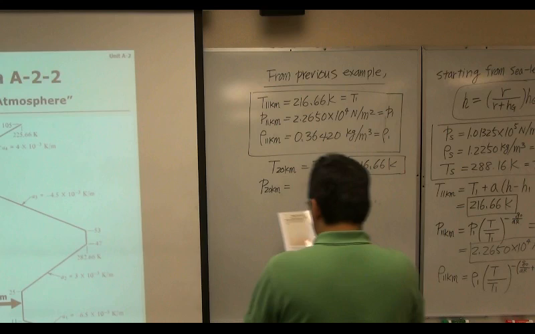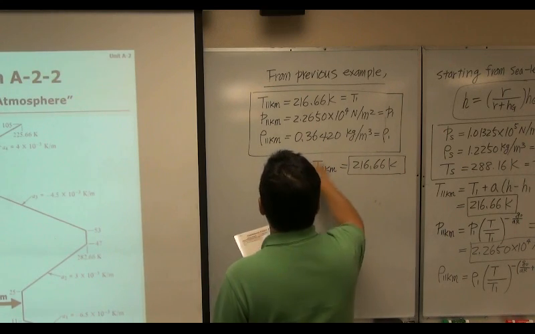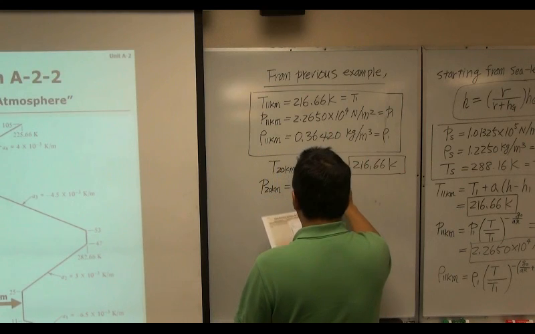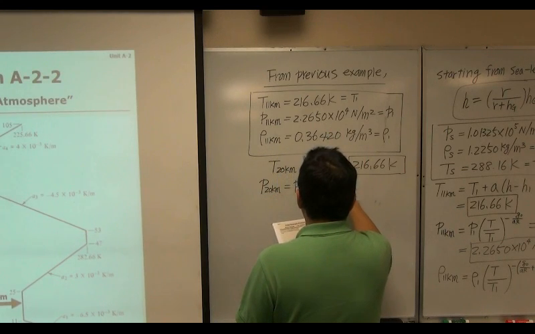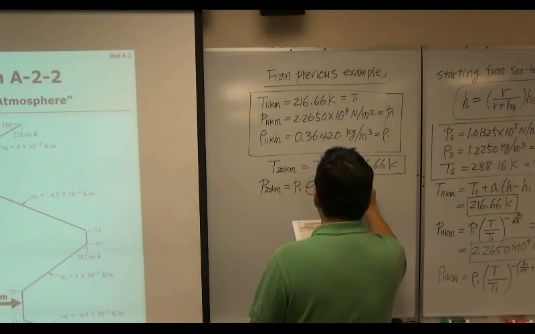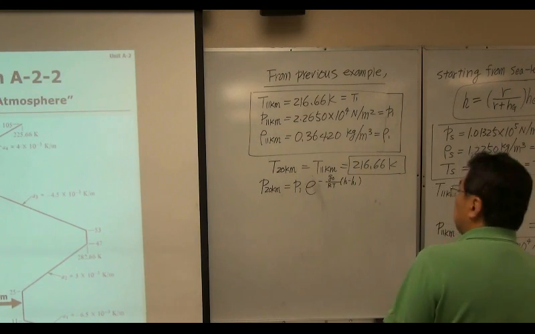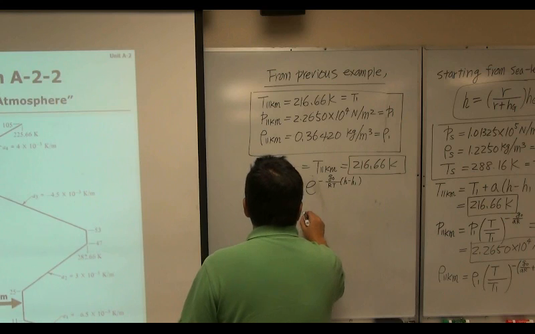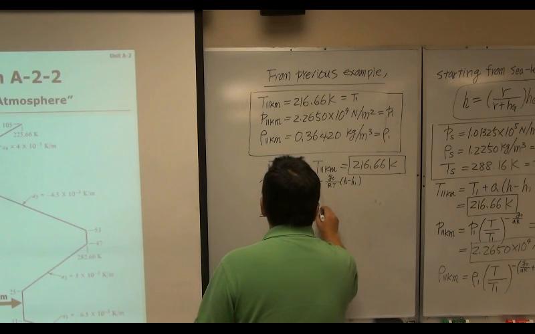This is going to be P1, which is that, times exponential of minus g0 over RT, times H minus H1. So let's plug in. P1 is 2.2650 times 10 to the 4th Newton per meter square.